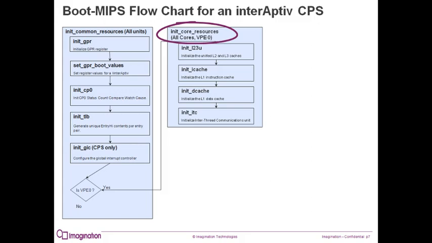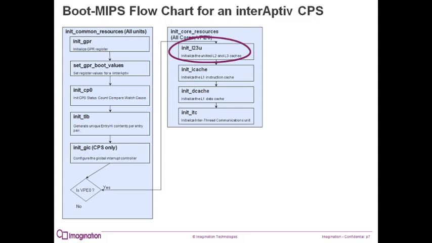The init core resource section is executed only once for each core in the CPS. So on an MT system, this means that only VPE0 of each core will execute this code. It initializes the L2 caches at this point for core 0 if they cannot be disabled. This is because on some of the early 1004Ks, they could not disable the L2 caches.